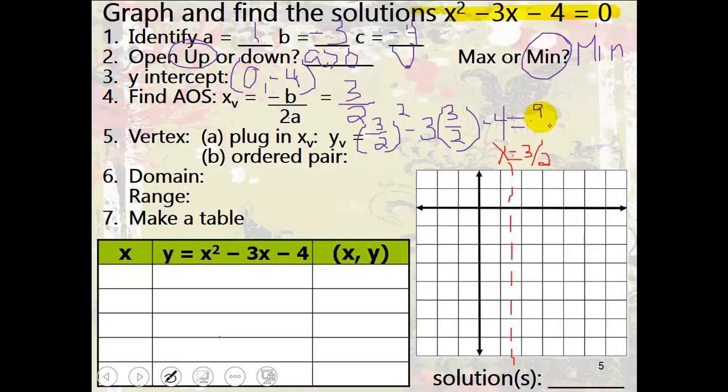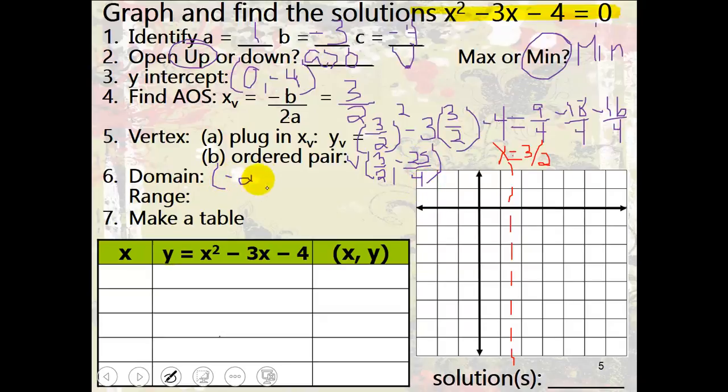So I get 9/4. When I multiply negative 3 times 3 halves, I get negative 9 halves, which is the same as negative 18/4. I'm doing that so I can have a common denominator. And then when I convert negative 4 into fourths, that's negative 16/4. So my vertex is the point 3 halves, negative 25/4, which is negative 6 1/4.